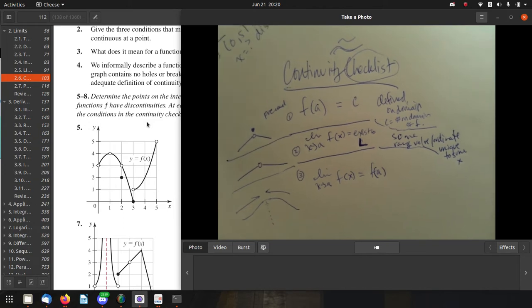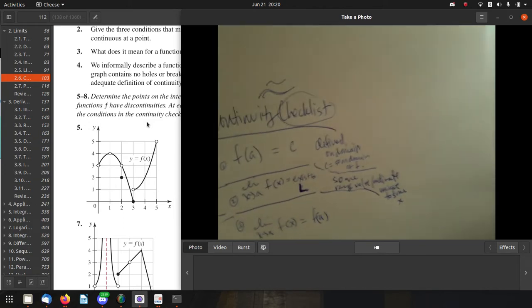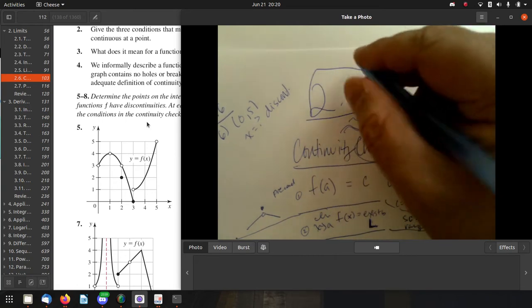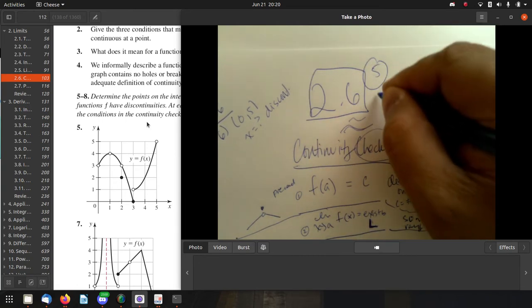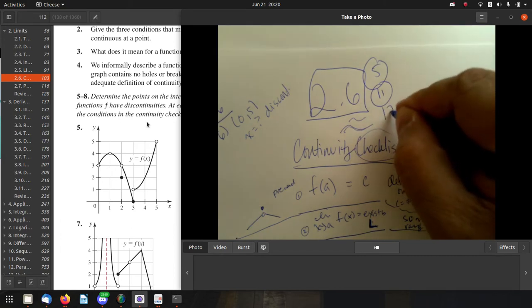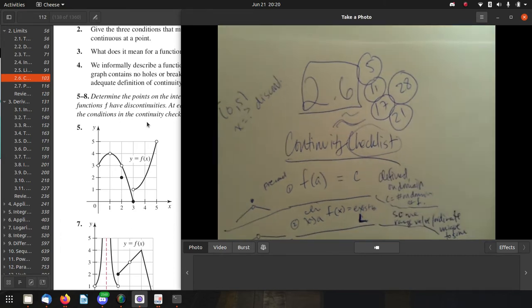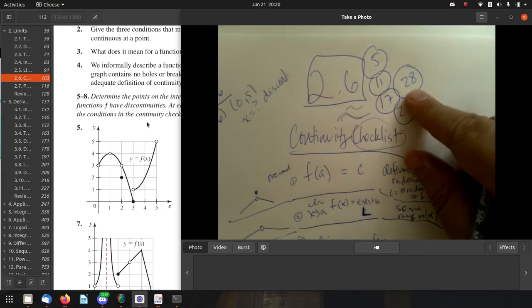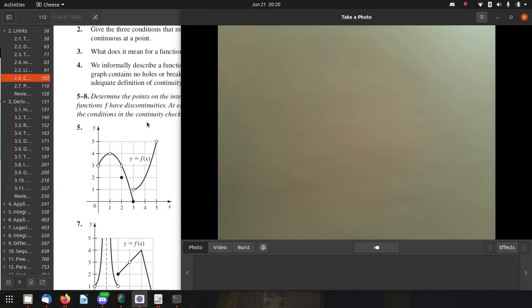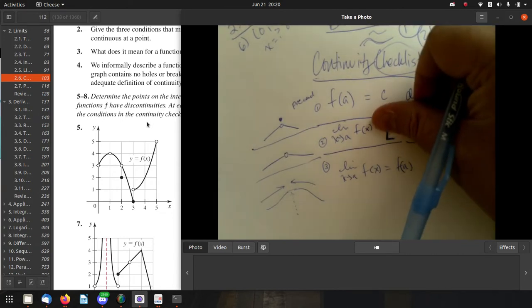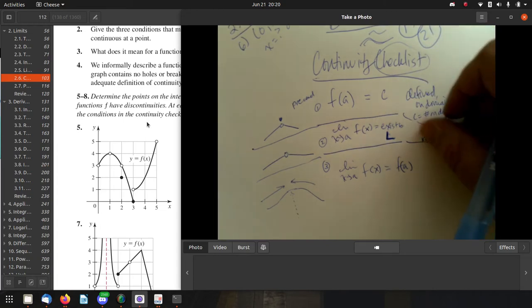We're also going to break the chapters up into itty bitty bits, starting with 2.6, and we're going to do problems 5, 11, 17, 21, and 28. Alright, so continuity checklist, take a picture if you need to. You can just do equals L, that's prettier, and then just define what L is.